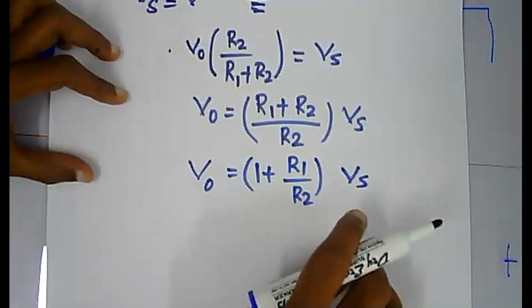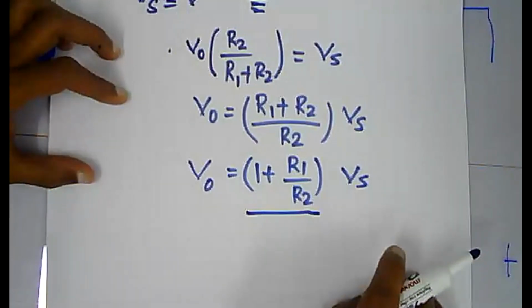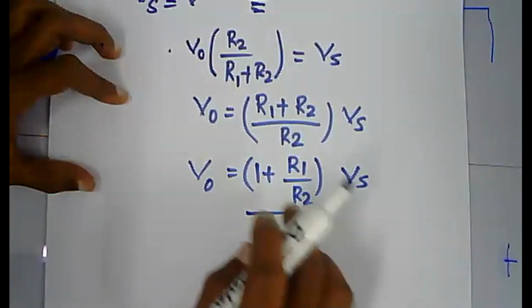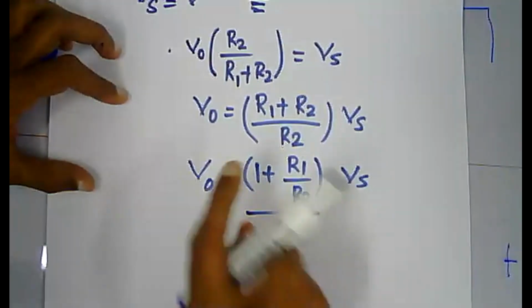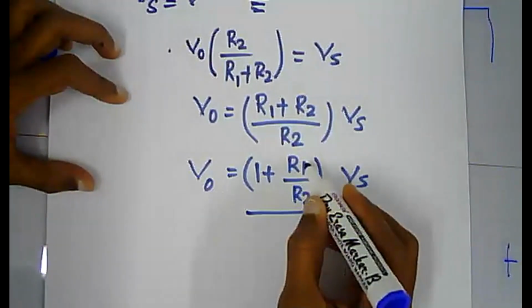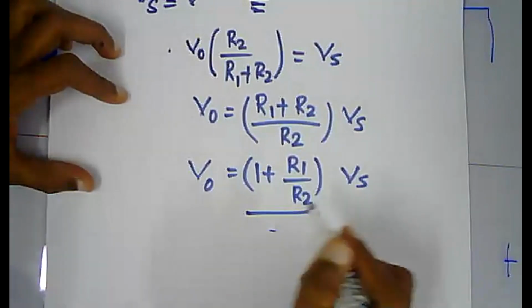The resistors are always positive, and this value always gives you a positive value, right? There are no negative signs. The minimum value of this one will be 1. If R2 becomes infinity and R1 becomes 0, the gain becomes 1, right?